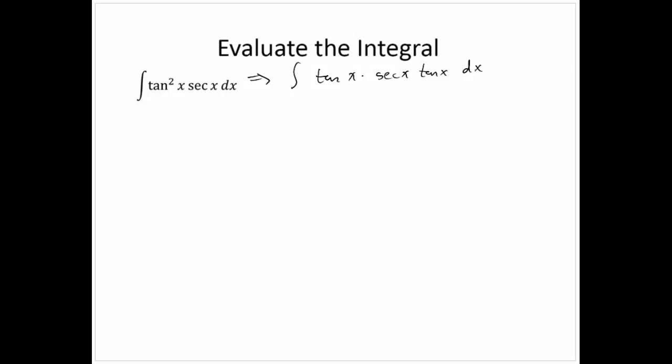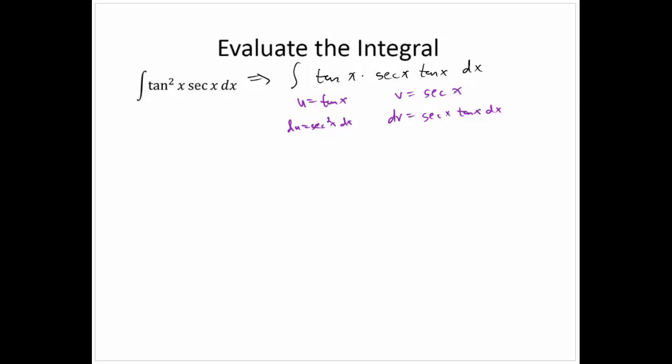I'm going to use integration by parts with u equal to tangent x and dv being secant x tangent x dx. So if u is tangent x, then du is secant square x dx. And if dv is secant x tangent x dx, then v would be secant x.